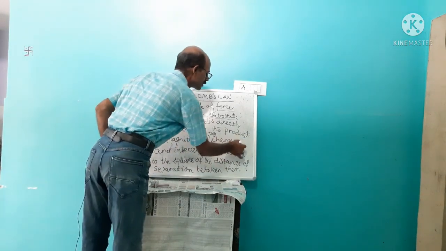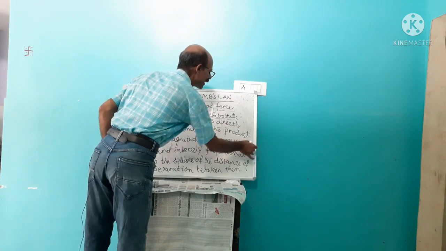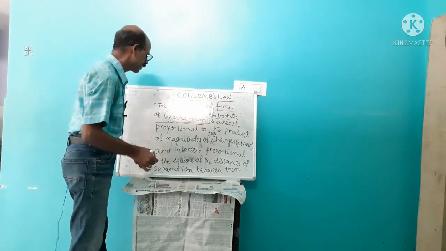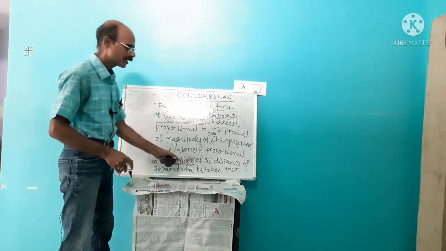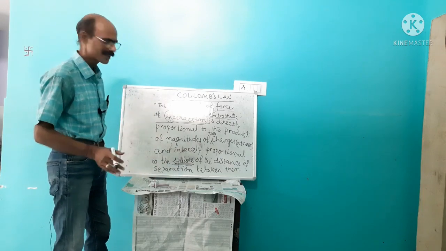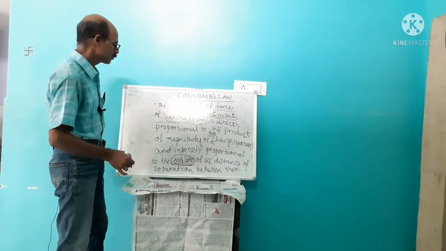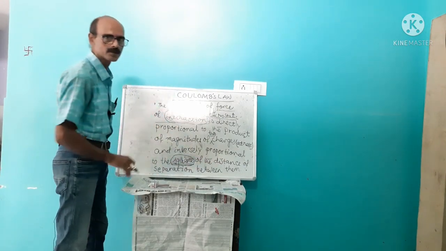Of course, the charges should be at rest. And inversely proportional to the square of the distance. Generally, we commit a mistake here. The square term is generally omitted. So, I am giving emphasis to this term square: proportional to the square of the distance of separation between them.